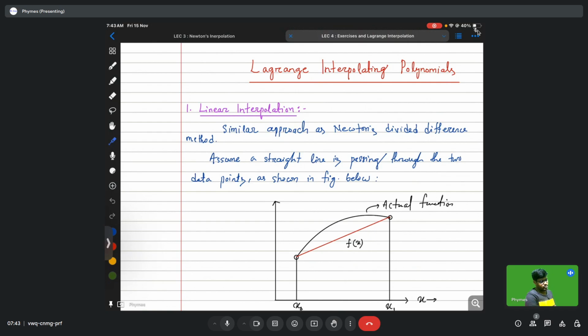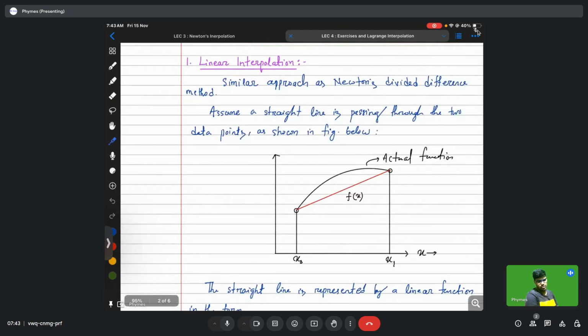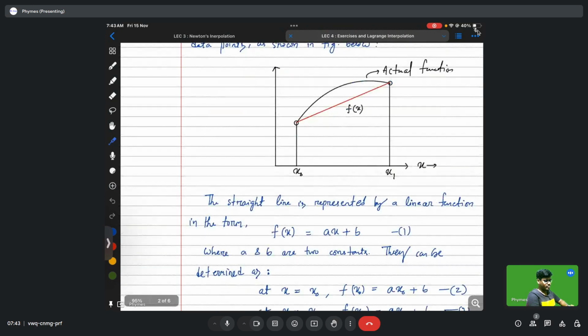Here we are assuming that the estimated function, or the approximate function, is a straight line. The actual function may be anything between two points x0 and x1, and here again we are approximating the interpolating function as a straight line, and the straight line can be represented by this form.